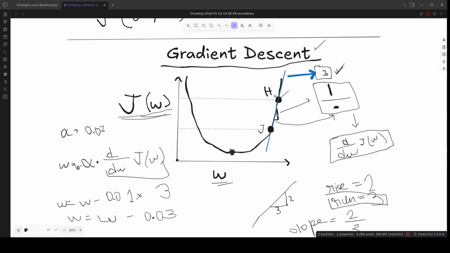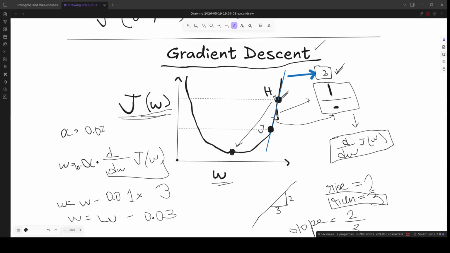For example, if we start off at a random point h and the value of the weight at h is 7, how do we do gradient descent to find which direction we need to go in to improve the model and reduce the cost? Well, we need to reach this point as it has the lowest cost. We need to reach this point, right?